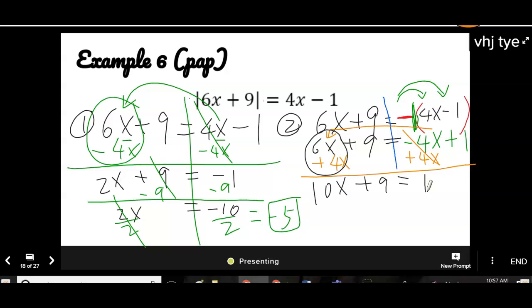And keep solving this equation. Subtract 9 and divide by 10. Let me solve it. Minus 9 first. So you have 10x.